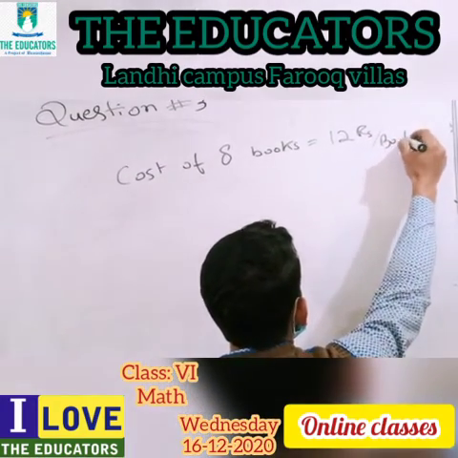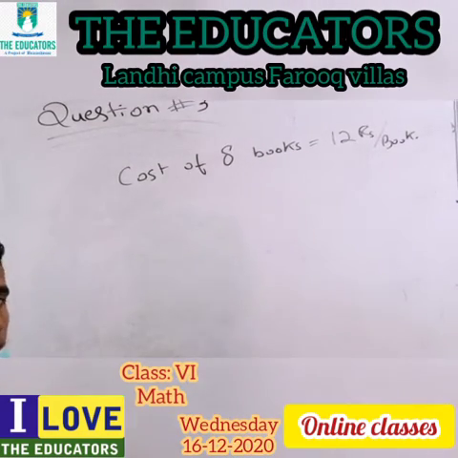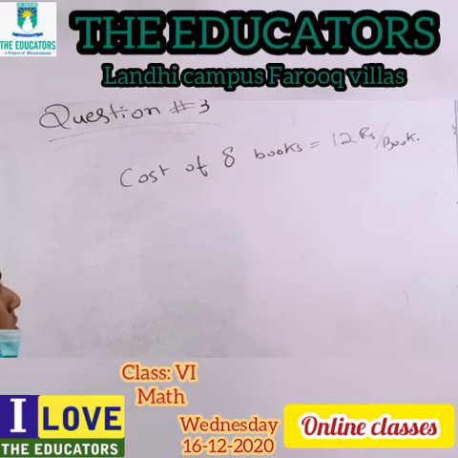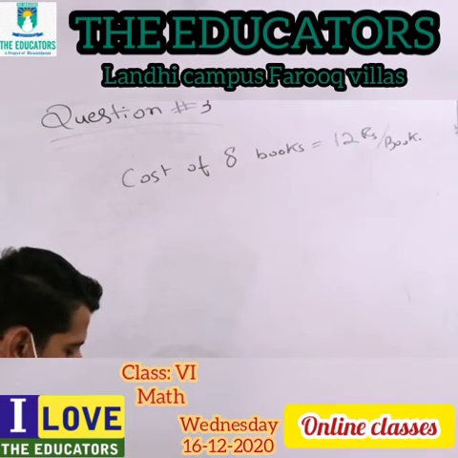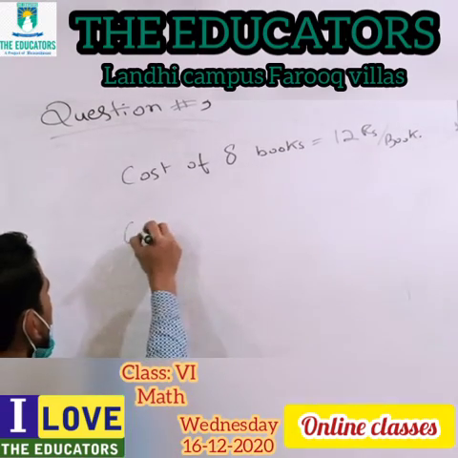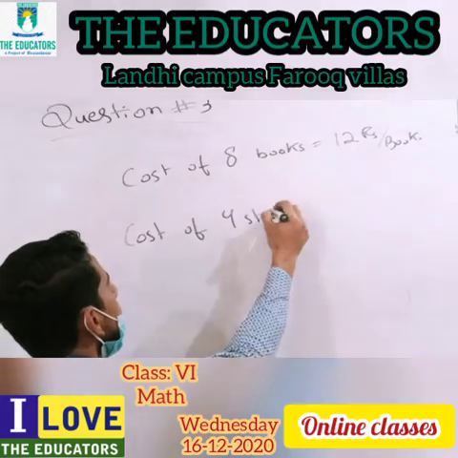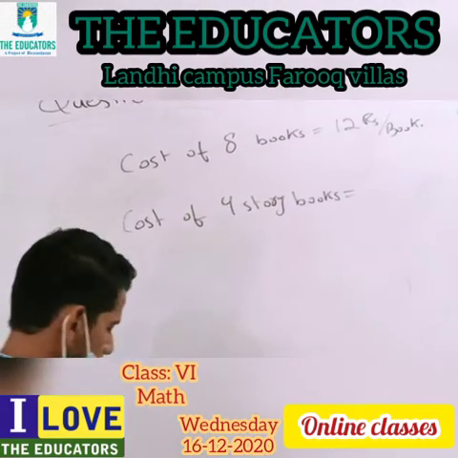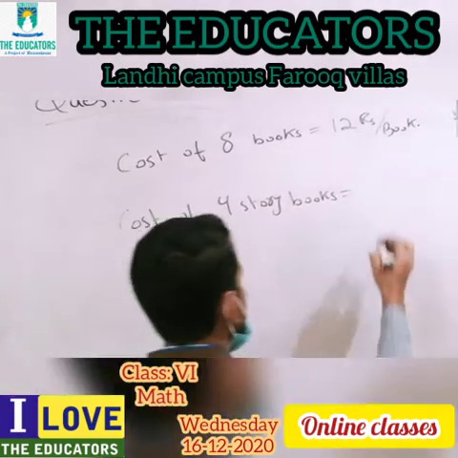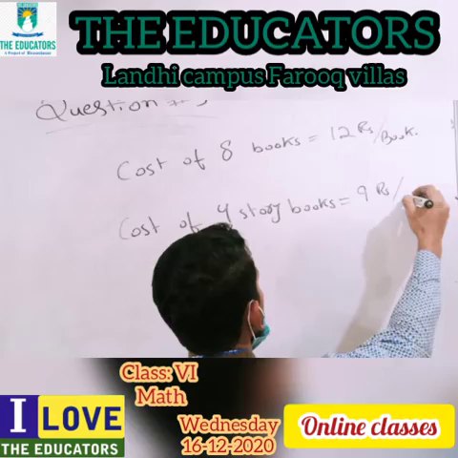It simply means per book means that one book is of 12 rupees, not all 8 books are of 12 rupees. Okay, per book means one book is of 12 rupees. So next, cost of 4 story books is equal to 9 rupees, 9 rupees per story book.